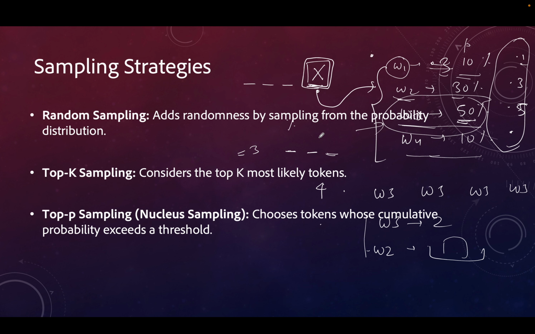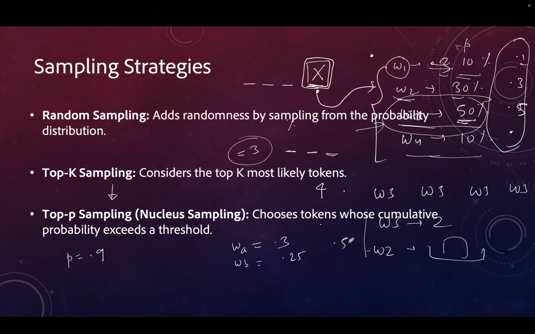Next we have top P sampling, very similar to top K sampling, but instead of a fixed number of words, we threshold on cumulative probability. Let's say the P value is 0.9, and the most probable word is WA, which is 0.3. So it's less than 0.9. So we look at the next probable word, WB, let's say 0.25. Now what is the cumulative?